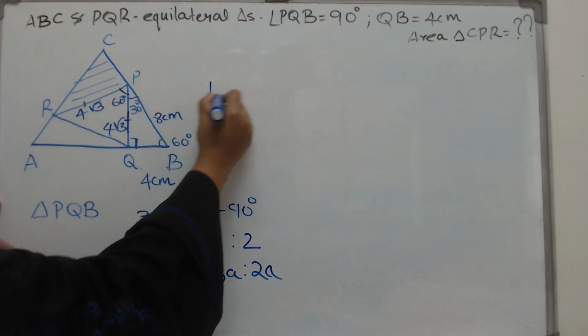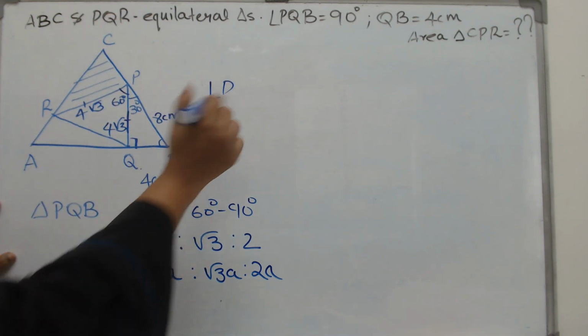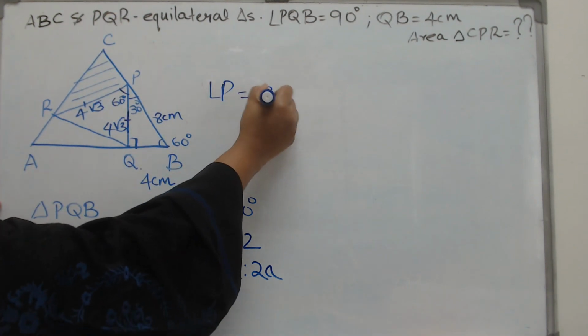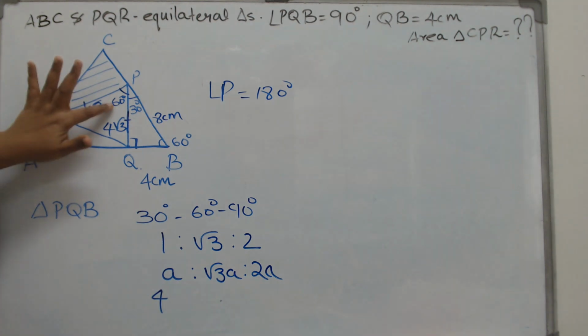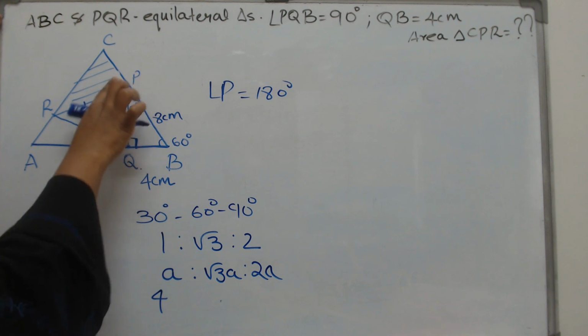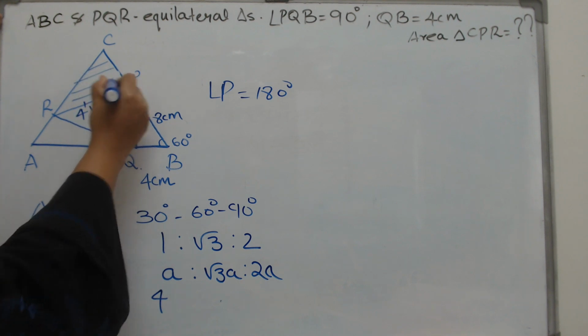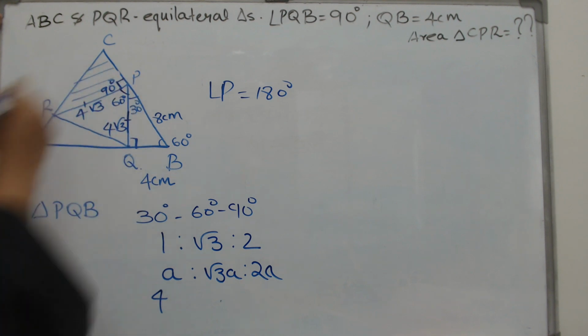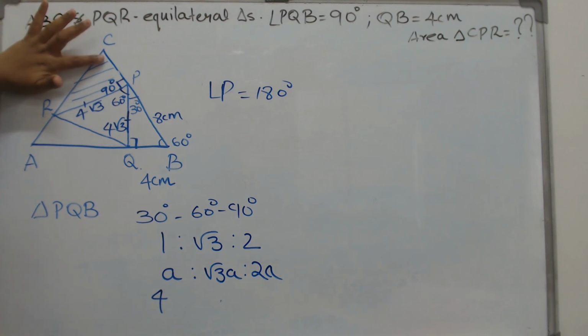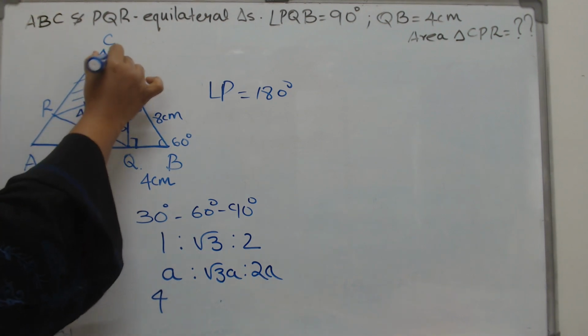Here, angle P, this whole angle, should be 180 degrees. Now these two together are already 90, which means the third angle here is also going to be 90 degrees. But then what about this angle C here?